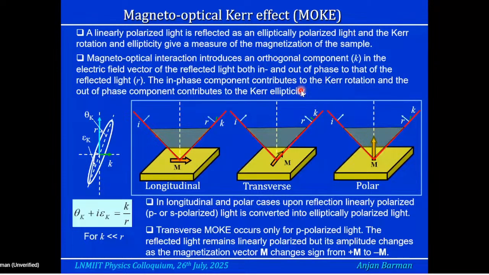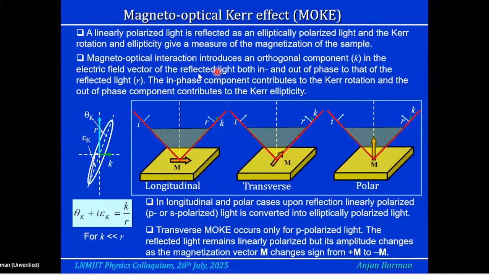And that rotation of polarization is a signature of the magnetization of the system. So you can essentially read or detect the magnetization state of the system just by reading the change of polarization that happened after transmission or after reflection from the magnetic material. So this is called the magneto-optical Kerr effect when it is reflected.